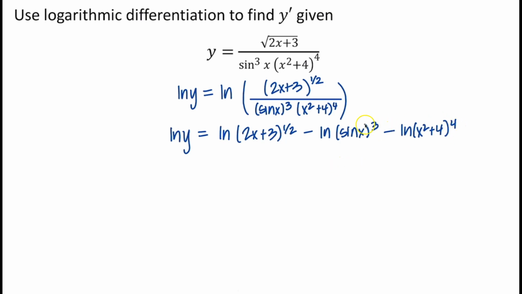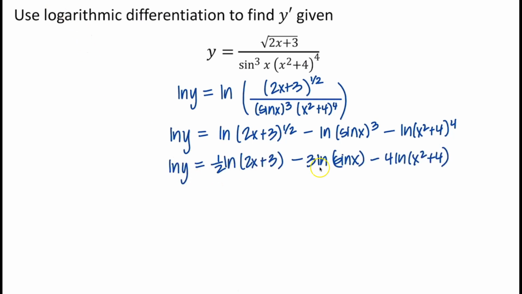And then we can bring each of those exponents to the front of their own log. And so once we do that, we're set up to take the derivative with respect to x of both sides. Now I did this log property expansion in 2 steps, but ideally you'd want to be able to go straight to the most expanded version of our original function so that we can jump straight into differentiation.